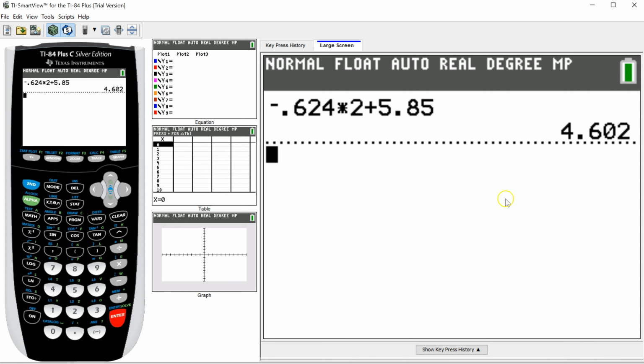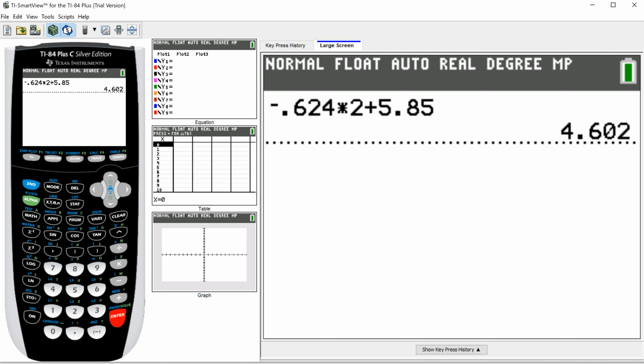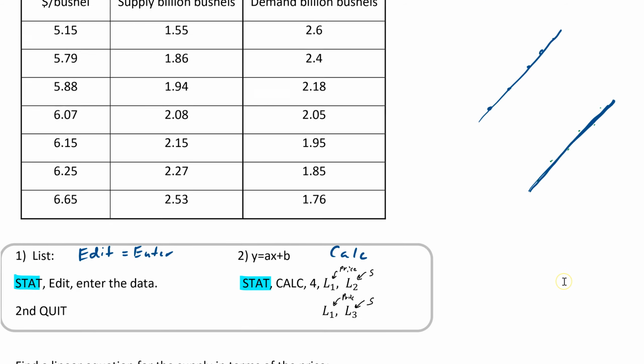Okay, that would now be 4.602 billion bushels. So we're demanding at $2, the price is $2, 4.602 billion bushels of soybeans, right?